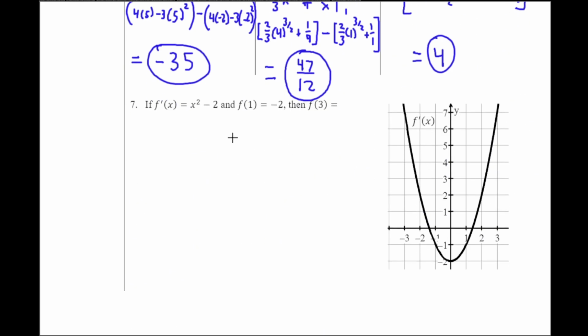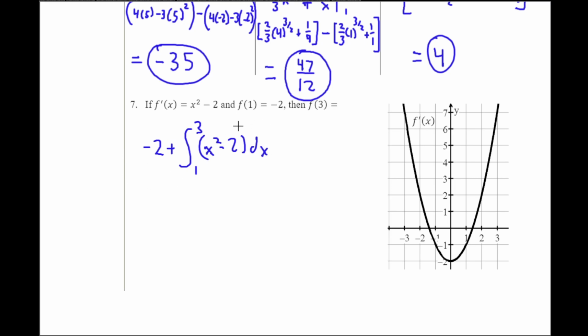For this last question: if f prime of x equals x squared minus 2 and f of 1 is equal to negative 2, then what is f of 3? Your starting point is f of 1, which is negative 2. You add the integral from 1 to 3 of the derivative f prime of x, which is x squared minus 2 dx.